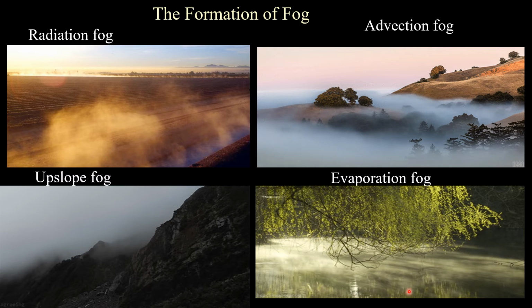And when the comparatively hot water evaporates, it instantly mixes with the cooled air above, and then the temperature decreases, relative humidity increases, reaches the dew point temperature, and this type of fog forms. So that's called evaporation fog.